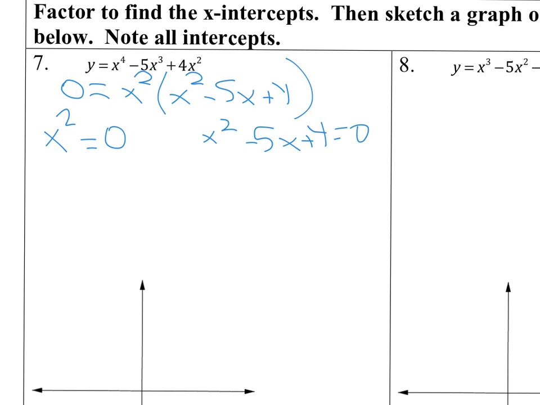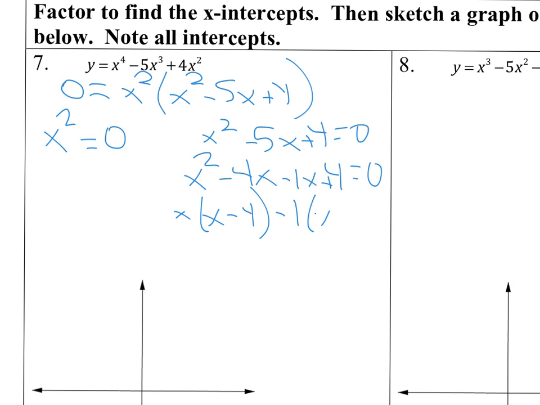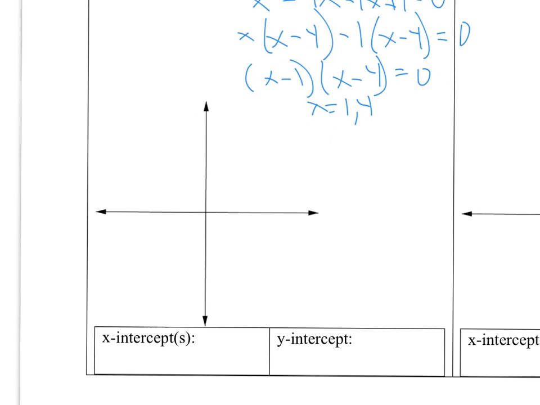So I need numbers that multiply to 4 and add to negative 5. That's just negative 4 and negative 1. So that's going to be x minus 1, x minus 4. So x is going to be 1 and 4.